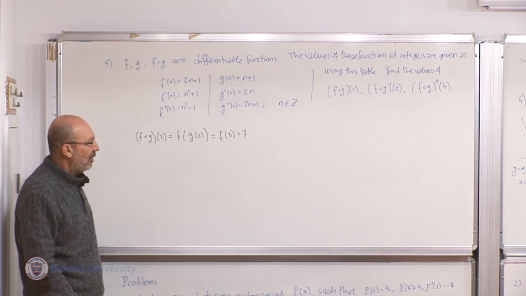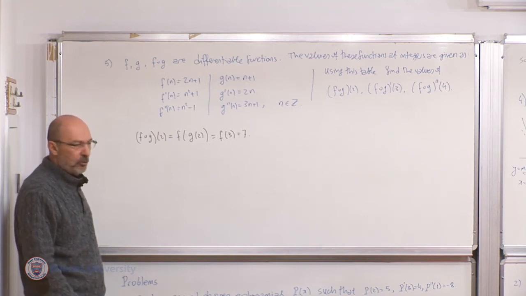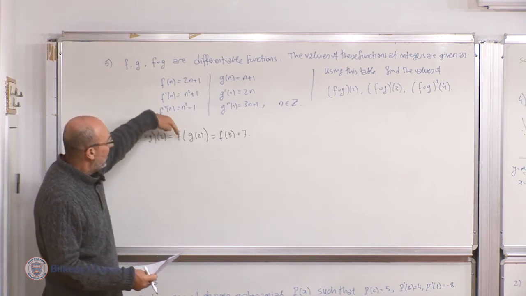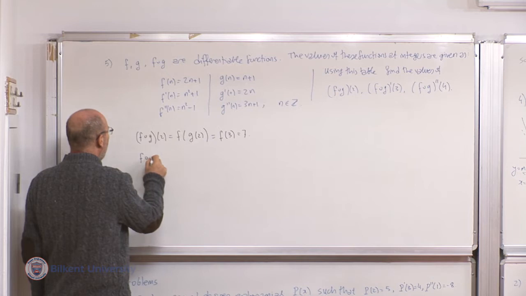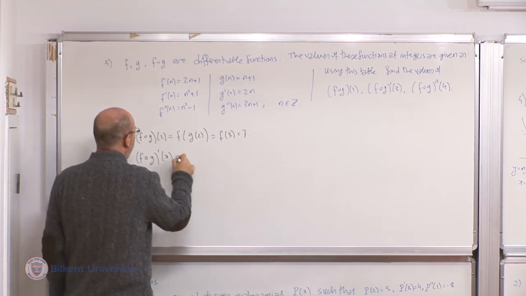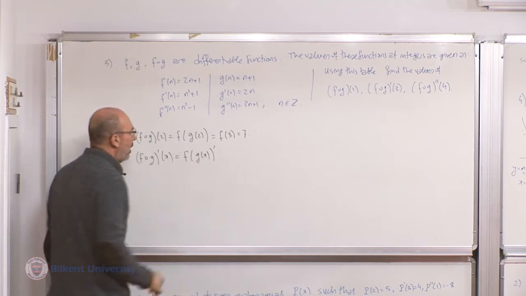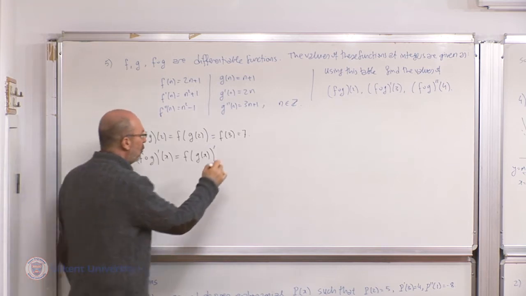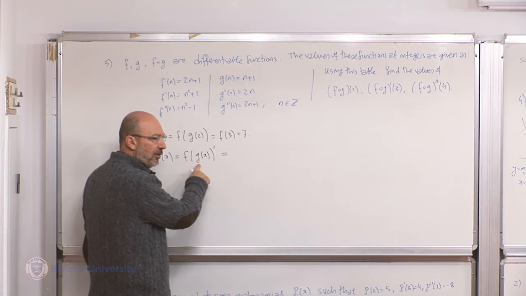So for the second one, first let us look at f composite g of x. Take the derivative with respect to x, and then plug in x equals 3. Okay, so f composite g prime at x. The definition of this is f of g of x prime. Now chain rule. Chain rule says that take the derivative of this and multiply it with the derivative of this.